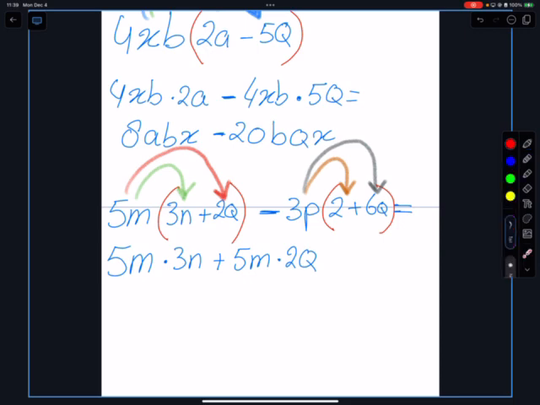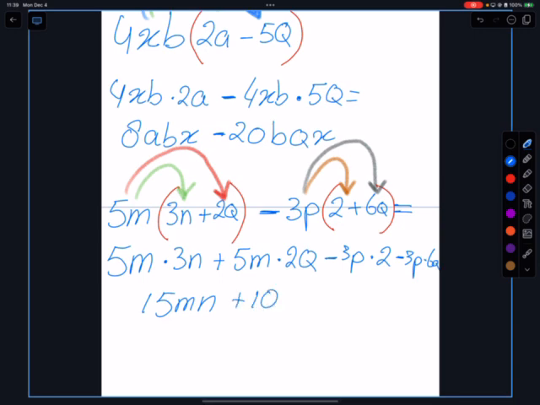So, here you have negative 3p multiplied by 2 and negative 3p multiplied by 6q. 5m multiplied by 3n is 15mn, and 5m multiplied by 10q is 10mq. Negative 3p multiplied by 2 is negative 6p.